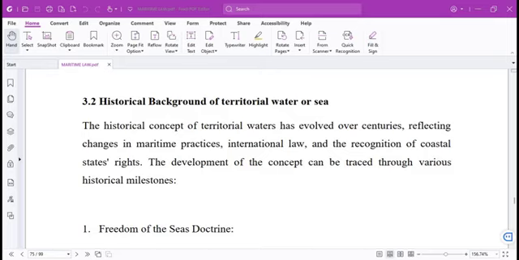The historical concept of territorial water has evolved over centuries, reflecting changes in maritime practices, international law, and the recognition of coastal state rights. The development of the concept can be traced through various historical milestones.